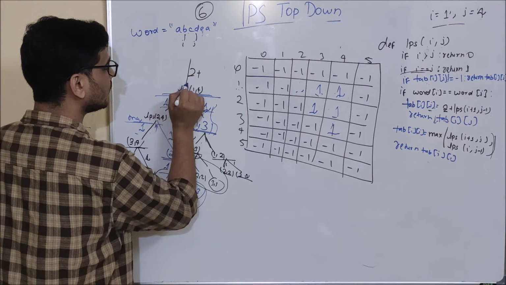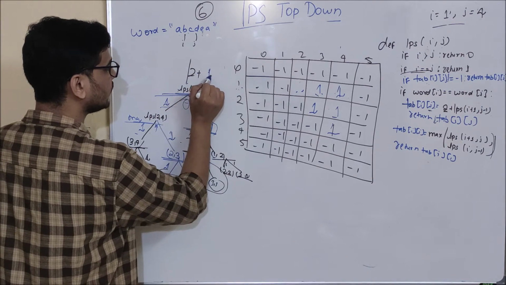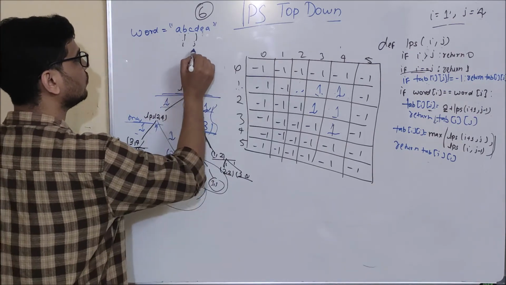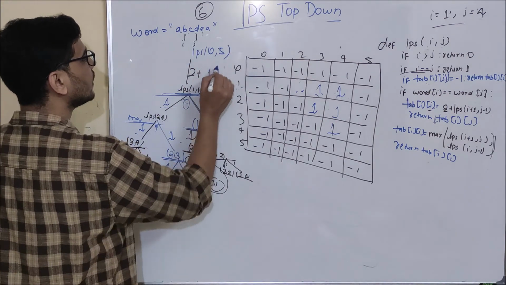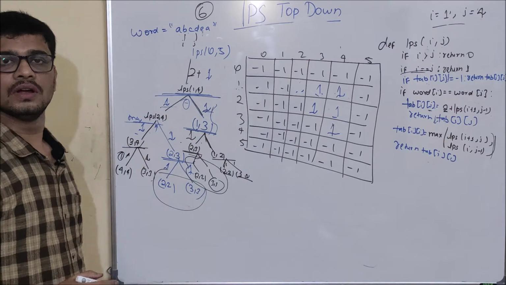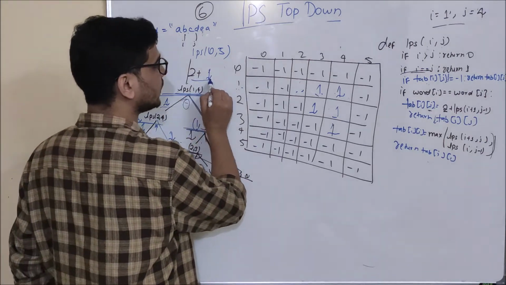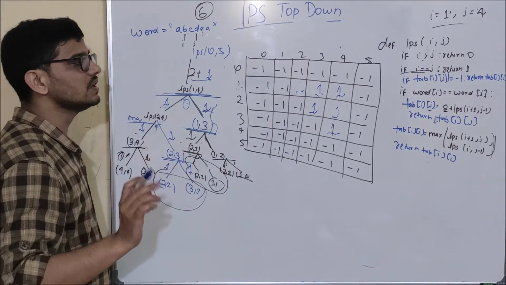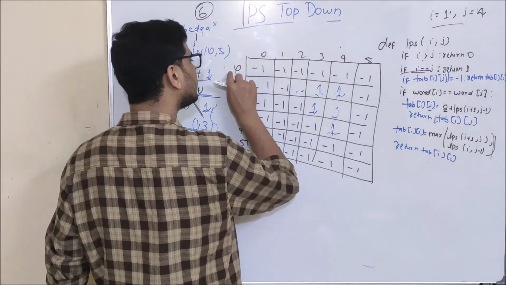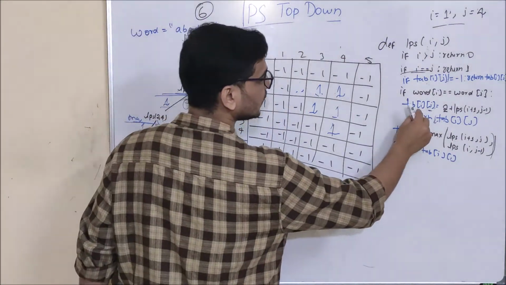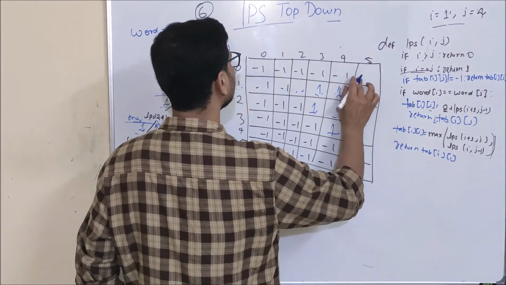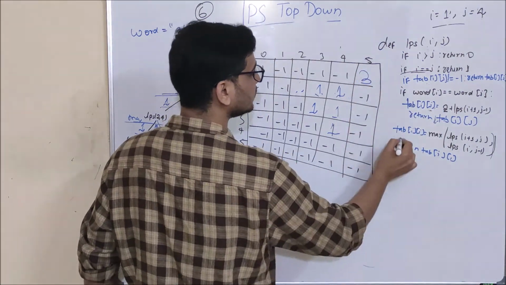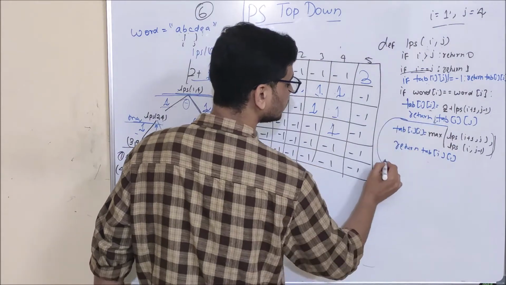So it will choose the max and return 1 to its calling function. And what was its calling function? LPS of 0, 5. And what will LPS of 0, 5 do? It is 3, and at tab of 0, 5 it will update 3, and in the next line it will return 3.